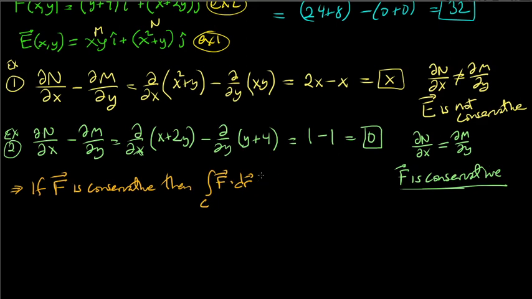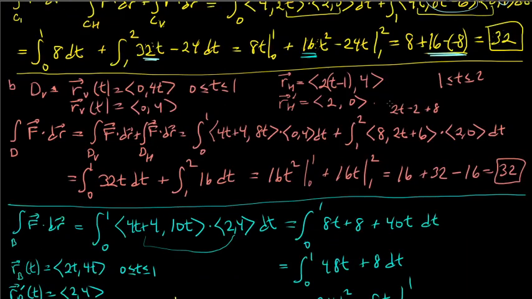So let's just say that this line integral is path independent. So conservative vector field means the line integrals are path independent. They don't depend on which path you take.